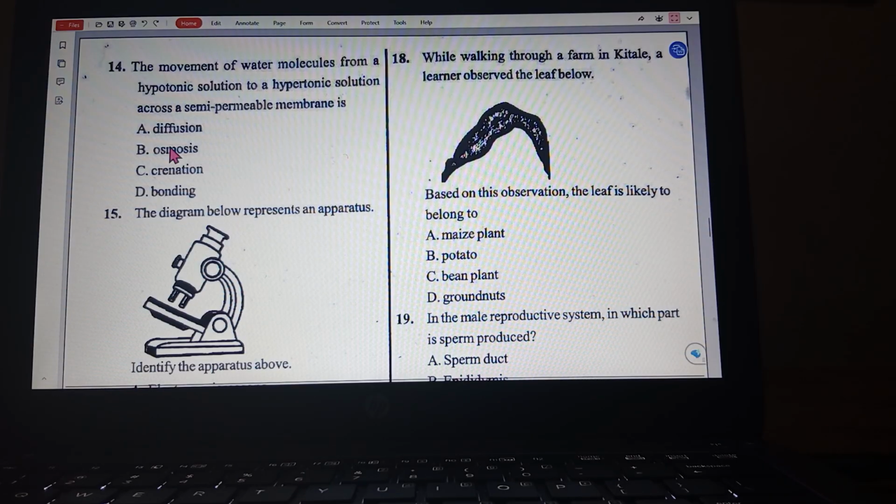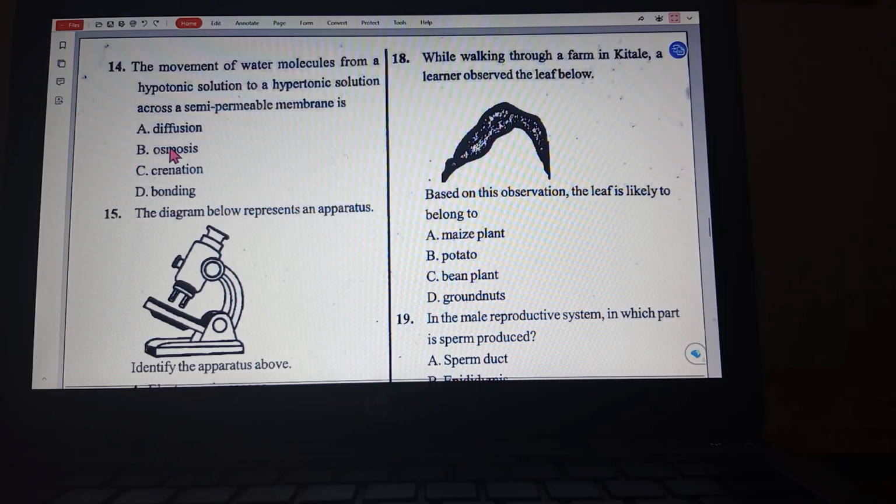Why do we say osmosis? Osmosis involves the movement of water molecules. So whenever you see a question that involves the movement of water molecules, just know that is osmosis. And in that question, the movement of water molecules is across a semi-permeable membrane. How do we define osmosis?